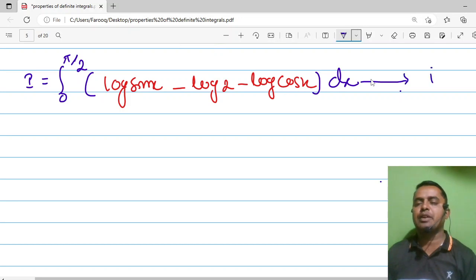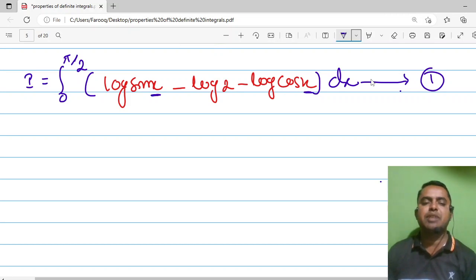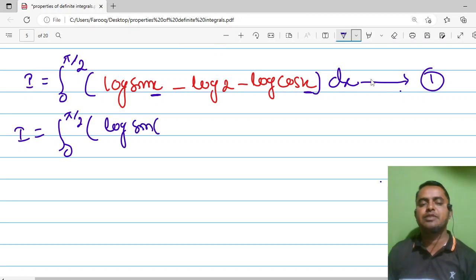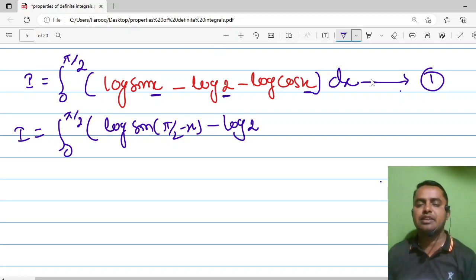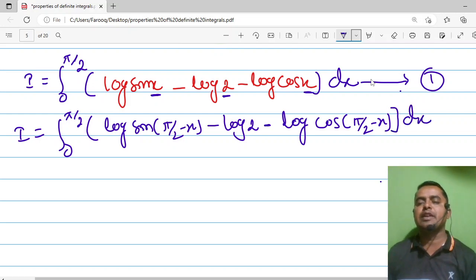Now applying the property: wherever x is there, apply a minus x. Here a means pi by 2, that is the upper limit we have to take. That is 0 to pi by 2, log sin x will become sin of 90 minus x, minus log 2 as it is because it is a constant and doesn't contain x, minus log cos x means cos of 90 minus x, dx.